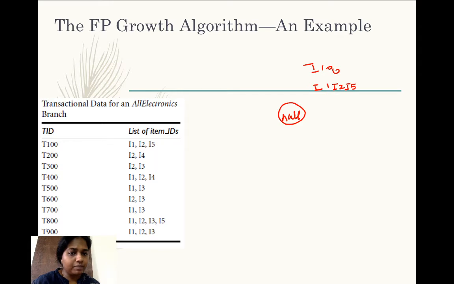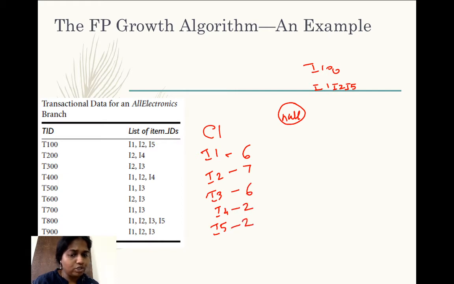Now before I start with the construction of the tree, I will form my candidate one item set. How do I form C1? What are all the C1? I1, I2, I3, I4 and I5. What is the support value of I1? I1 is 6, I2 is 7, I3 is 6, I4 is 2, I5 is 2.